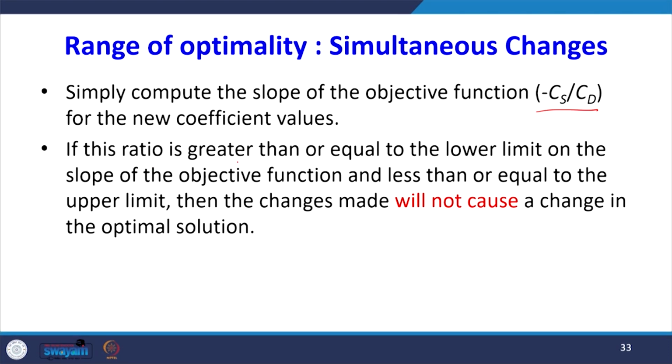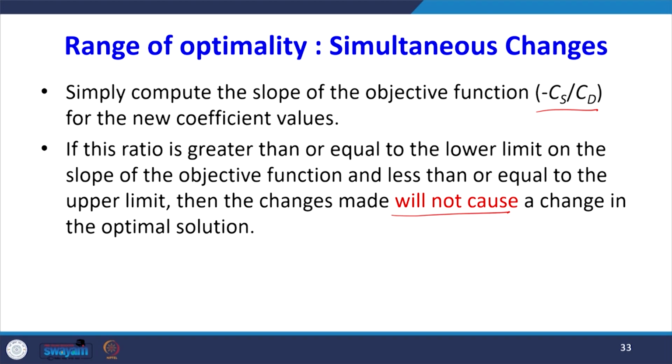If this ratio is greater than or equal to the lower limit on the slope of the objective function or less than or equal to the upper limit, then the changes made will not cause a change in the optimal solution. If there is a simultaneous change, you have to find the ratio of minus Cs by Cd.